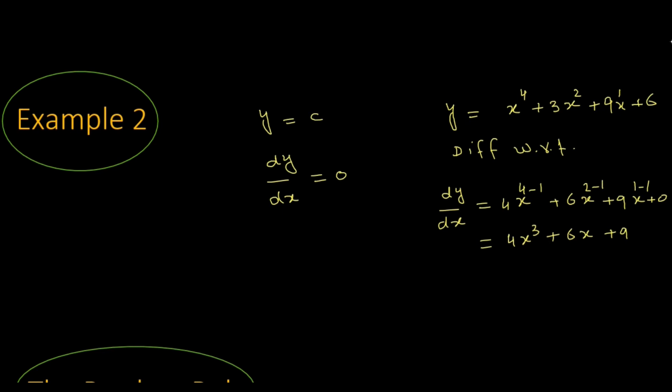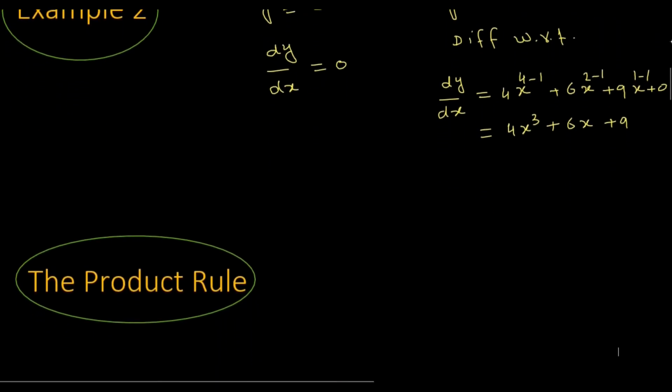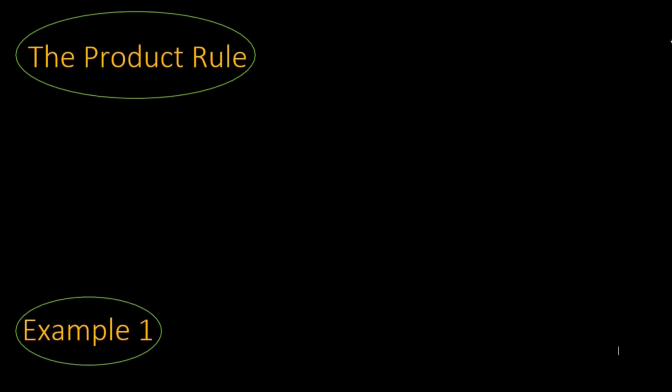Let's move to those rules. The second is the product rule. So what is the product rule? To understand the product rule, suppose there is a function f of x, which is equal to u of x times v of x.